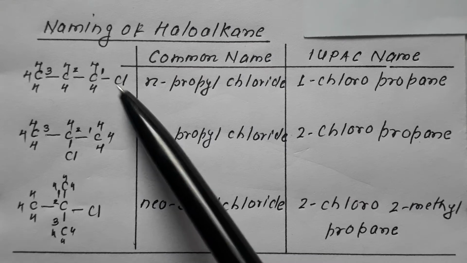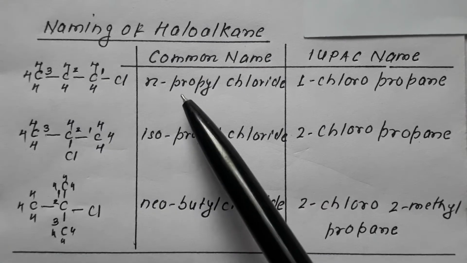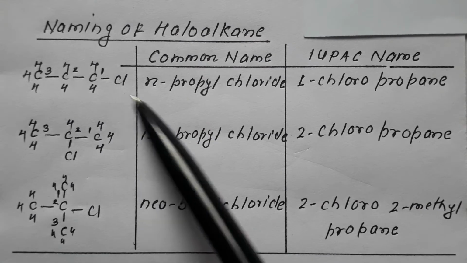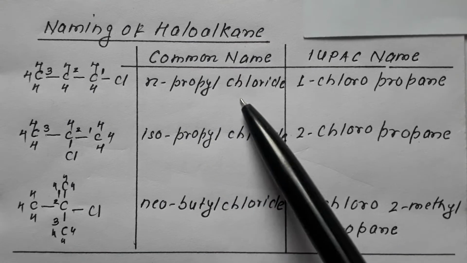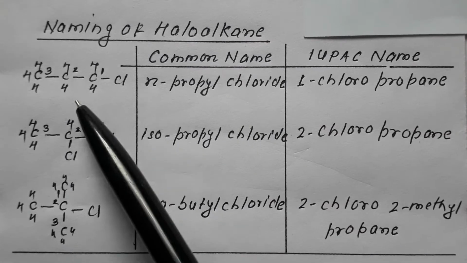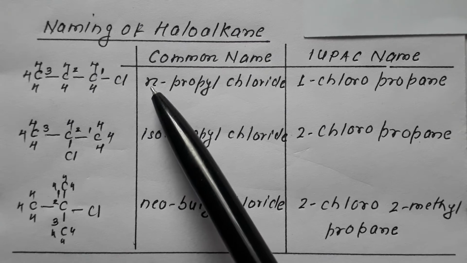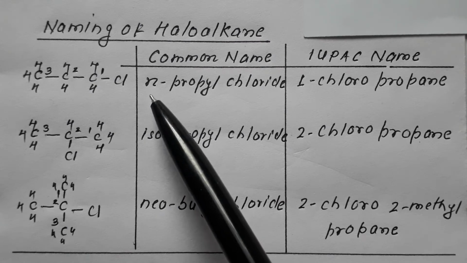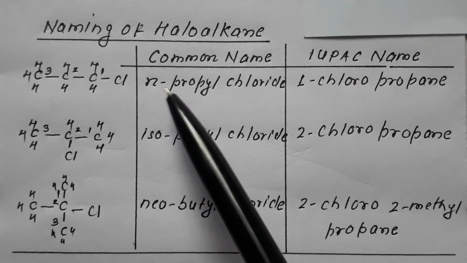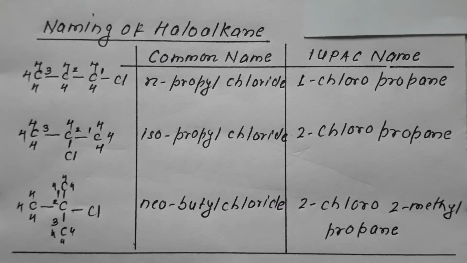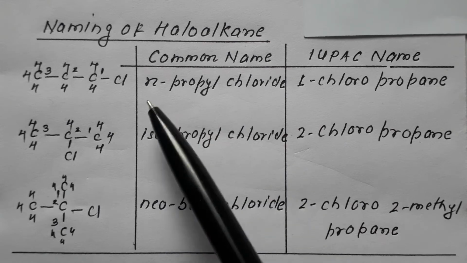This compound has 3 carbon, prop, termed as propyl, halo is chloride, called propyl chloride. Since it is attached at the end of the chain, it doesn't have any branch, therefore this is termed as a normal compound or N compound. This is N-propyl chloride.